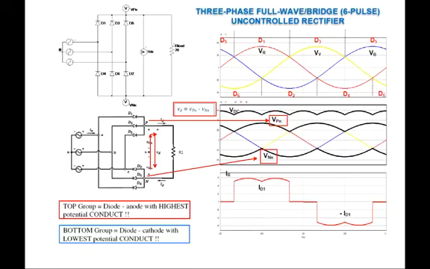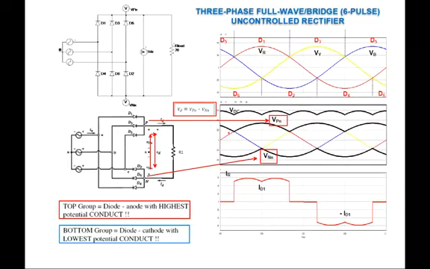So if you count in one main cycle, we're going to have 1, 2, 3, 4, 5, and then that combined with that will be 6. So there will be 6 bumps or 6 ripples or 6 pulses, and that's why this full bridge rectifier is also known as a 6 pulse rectifier.